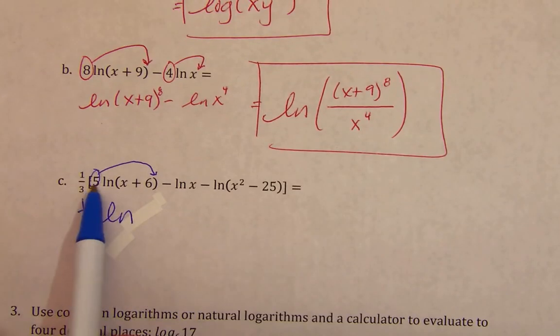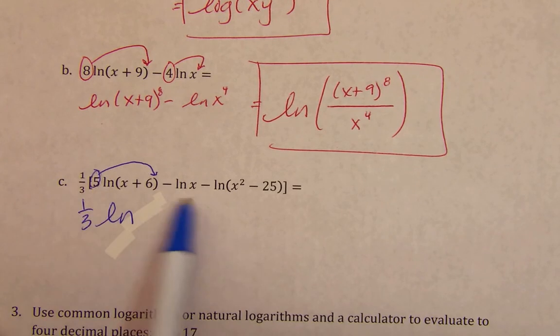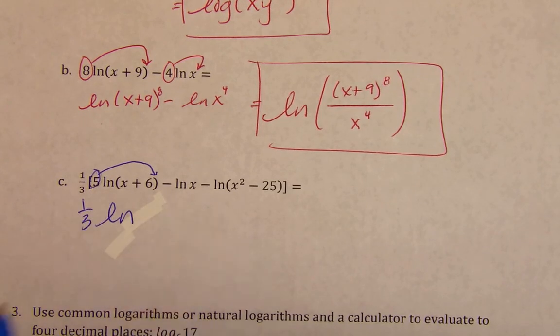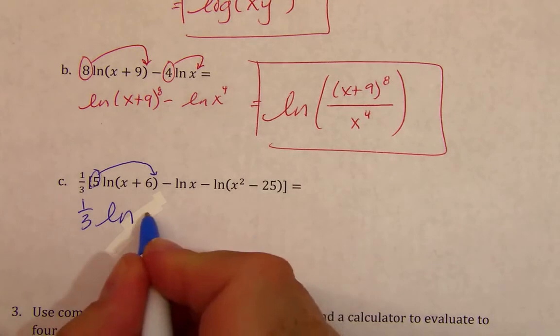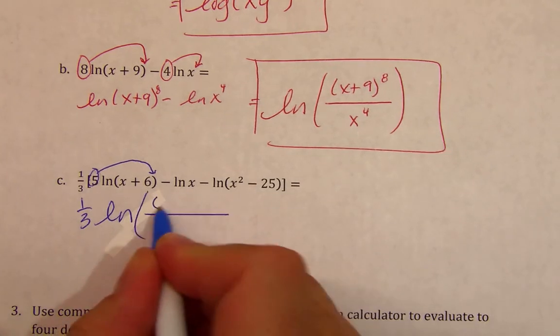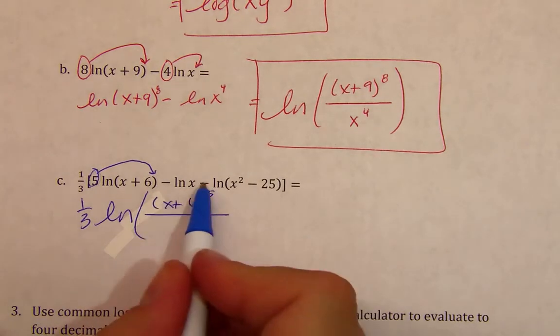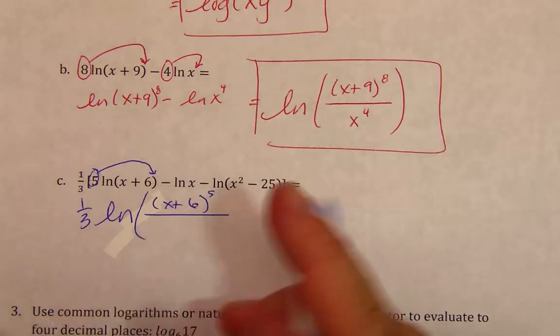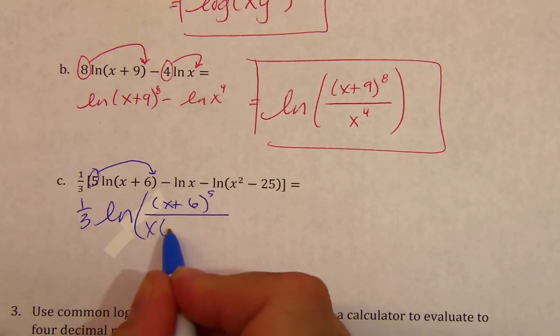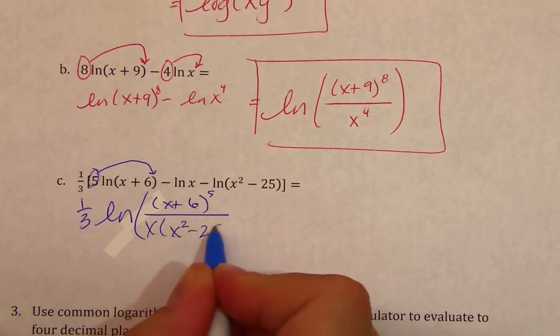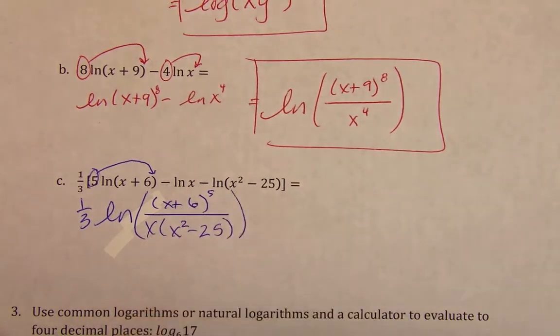If this is a positive 5 out front, then that means that this is going to be in the numerator. But because both of these are subtracted, they're both going to be in the denominator. So we have x plus 6 to the 5th power. And then since these are both being subtracted here, they condense to division.